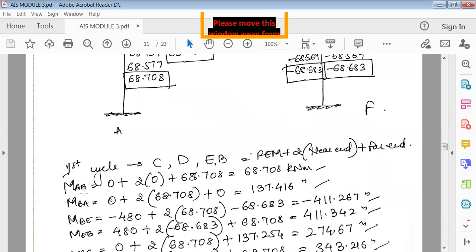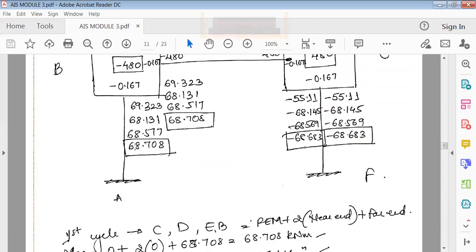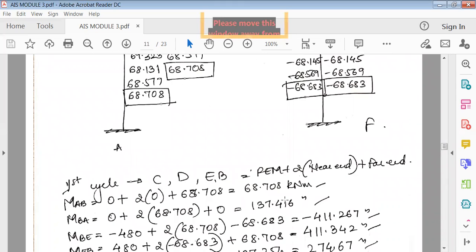That's how we write it. Here also MBA, near end is B, the first support, A is the far support. So with respect to A, it is 2 times near end, so near to A is nothing, 0, far to A is BA, that is 68. That's how we have written here.